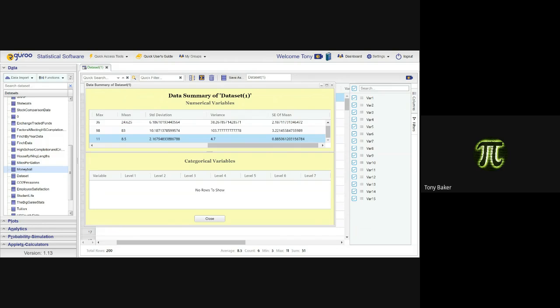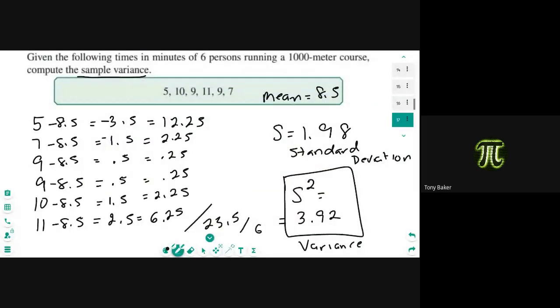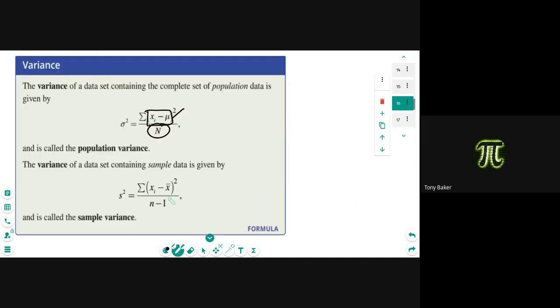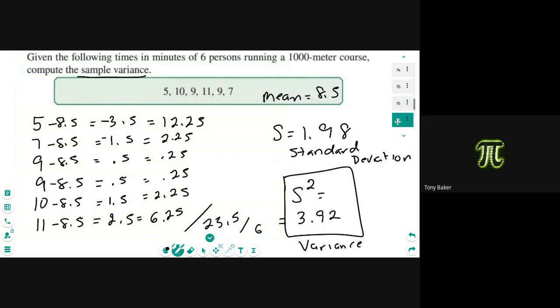Somebody want to tell me what I did wrong? We'll see who was actually paying attention. What did I divide it by? Oh, you have to do it by one less, right? I have to divide it by one less because it's a sample, which is n minus 1. So I should have divided this by 5, not 6.